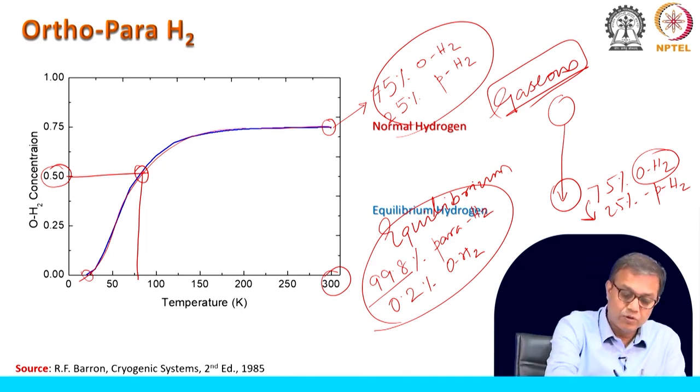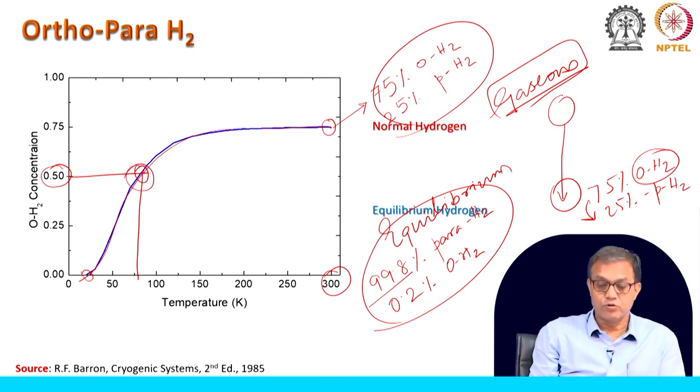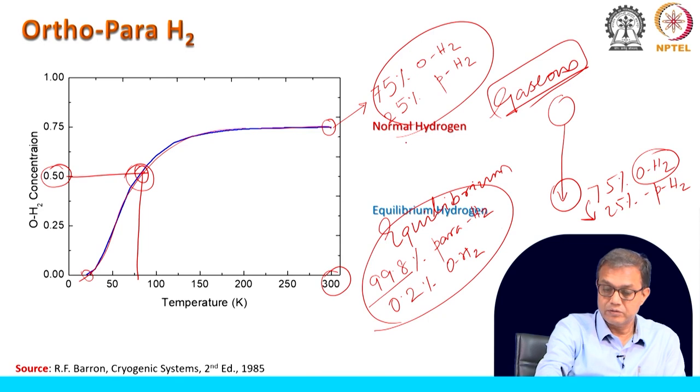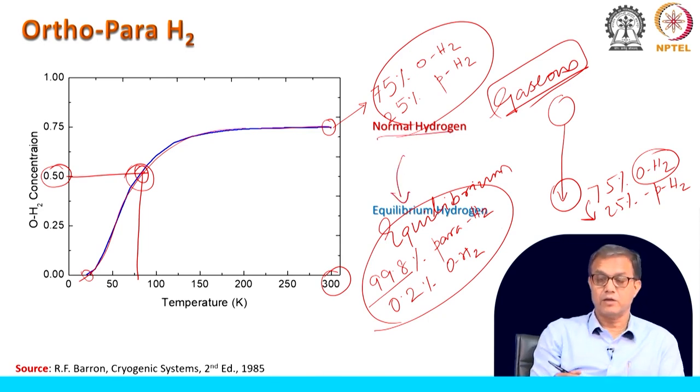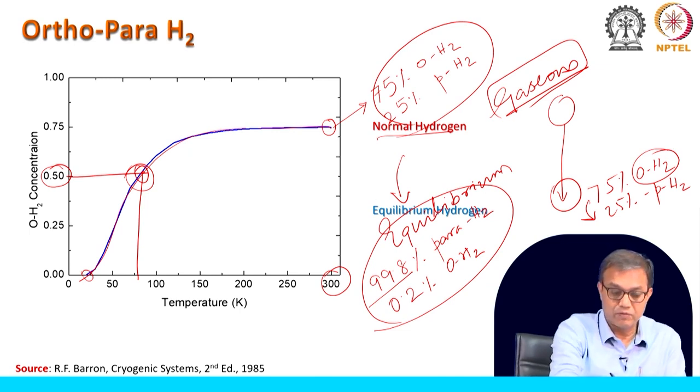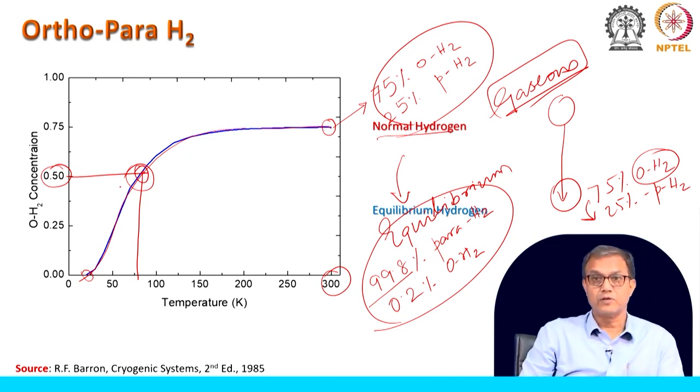We should try to convert this normal hydrogen to equilibrium hydrogen, so that as we are liquefying or cooling the gas, we take care of this conversion, which is basically a slow process.